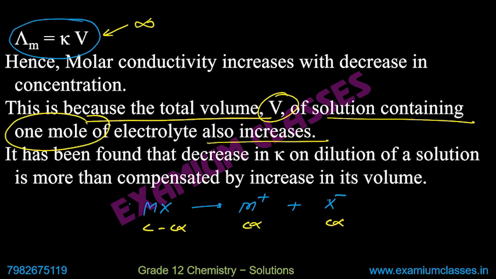Ionization will keep on increasing when you dilute it, but there is a certain limit alpha up to which it can get ionized. Say it can get ionized 60%. Then maximum ionization means C minus 0.6C remains, and 0.6C and 0.6C will be produced.